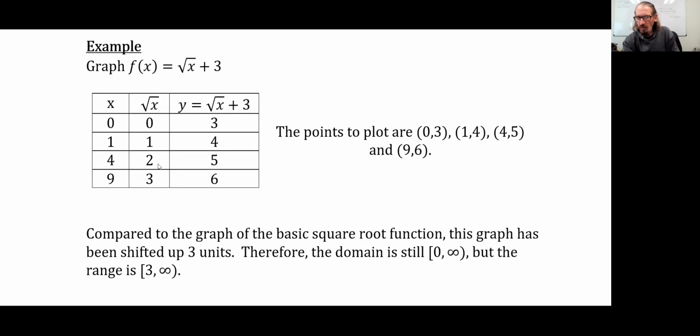These were our original y values, but we're going to add 3 to all of those. So look at the first and third column to see which points we're going to plot and then connect. I make the claim that, compared to the graph we saw previously for y equals square root of x, this is going to shift that whole thing up by 3 units.